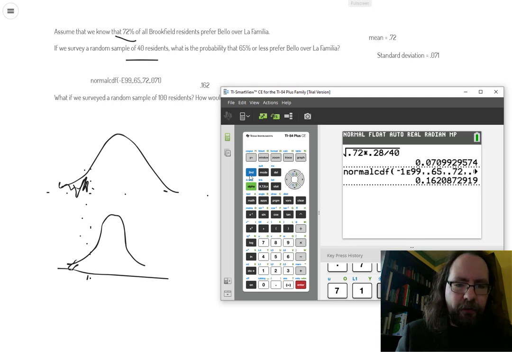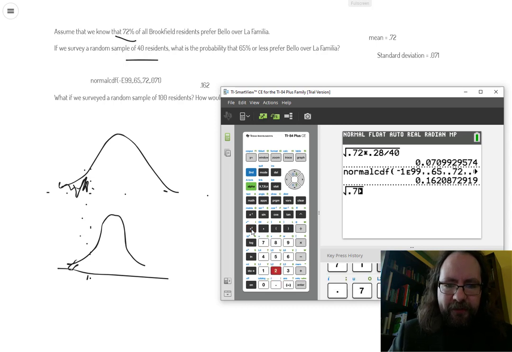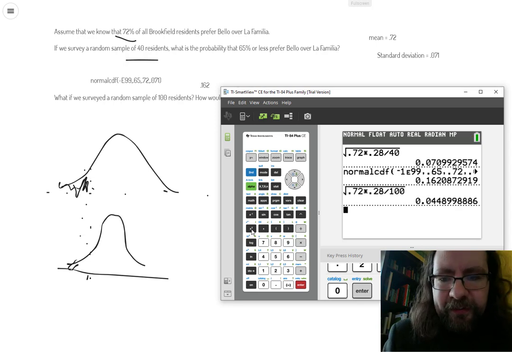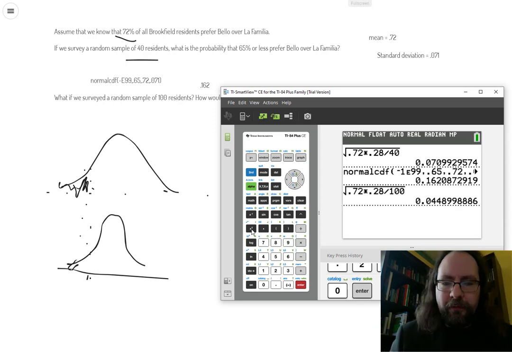So I'm going to put in my new information, 0.72 times 0.28. Since p didn't change, the numerator here doesn't change, but my n went up to 100. So this should be a smaller number, and it is. My new standard deviation is 0.04489, so I'm going to say 0.045 to keep rounding to the same place as I did before.